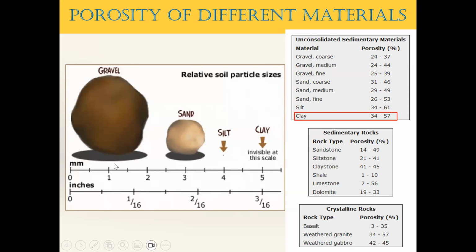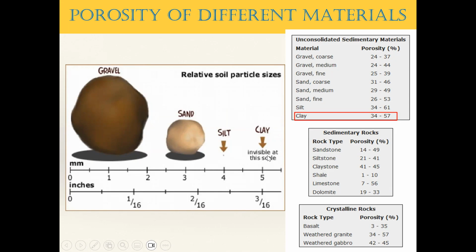Normally, if it is more than about 2 millimeters, we call it gravel particle size, right? Sand is within about 1 millimeter size. Now you can see the silt is much smaller than this. Even you cannot see it here. But silt particles are larger than the clay particles. So the clay is even invisible at this scale, right?